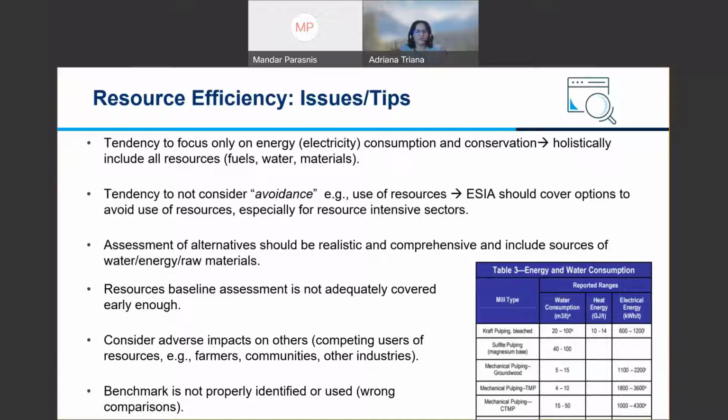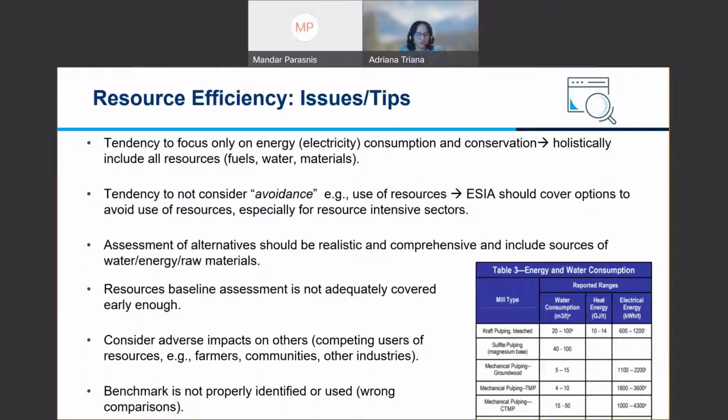But when you take an outlook and see that the tourist agency is looking to develop 10 more hotels in this area, then there is a different impact, and you have to account for other users. Here, back to Performance Standard 1, on cumulative impact assessments and all the competing users.